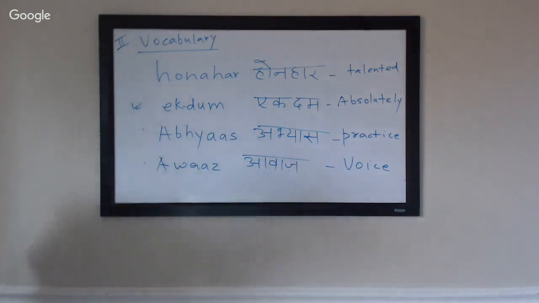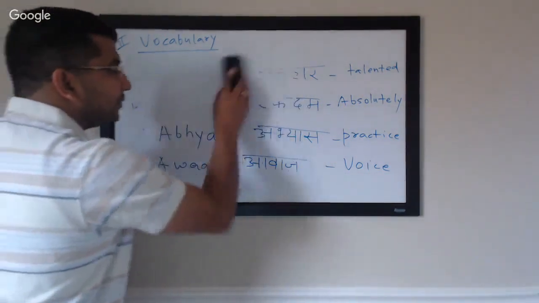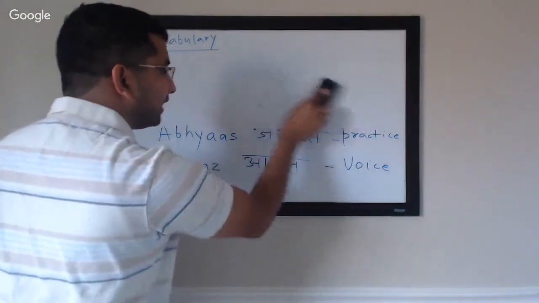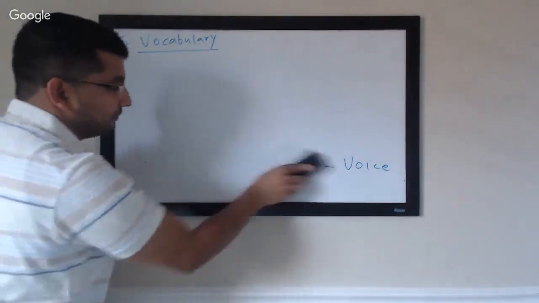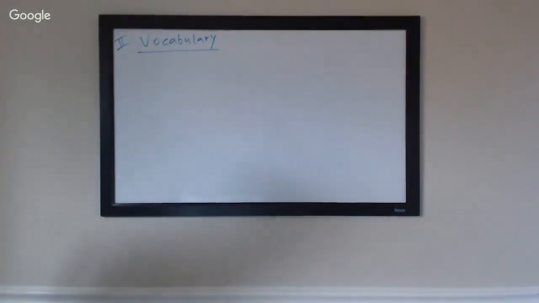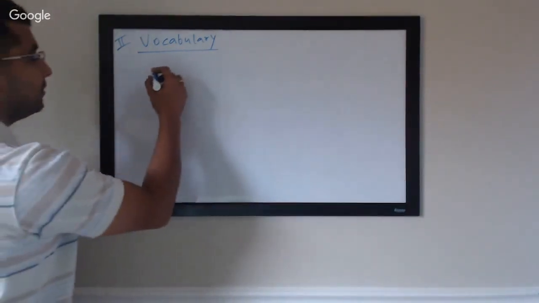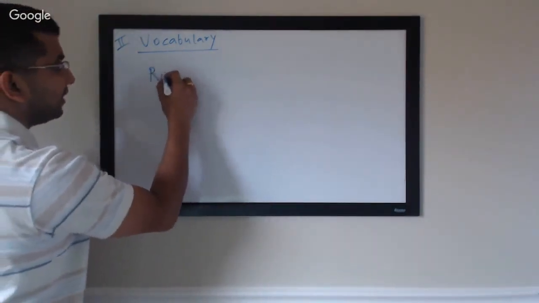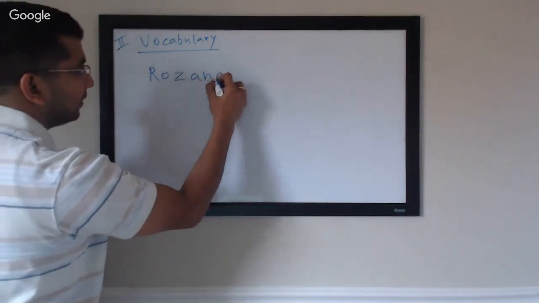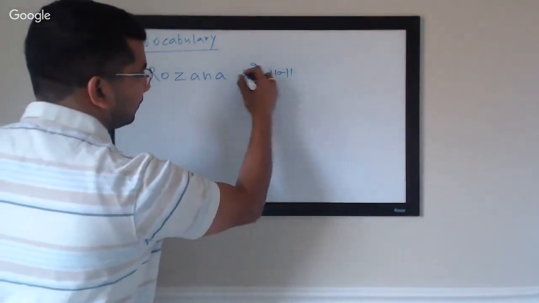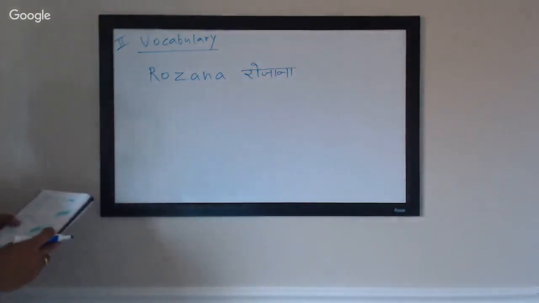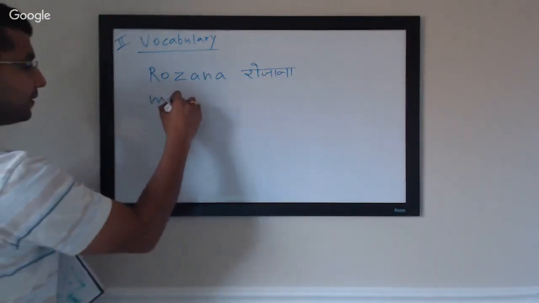Okay, so let's do the second section of vocabulary. Write it down. They will help you when I write a short story. I have Rosanna, Sangeet.